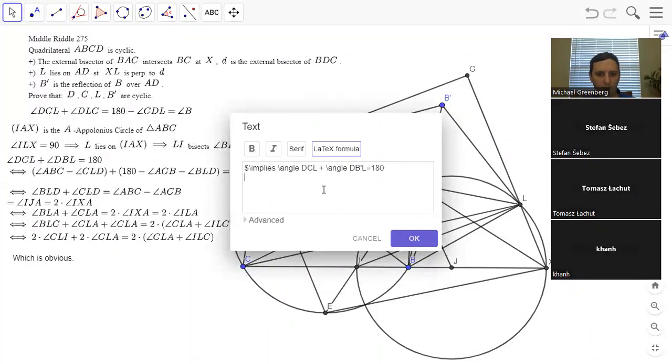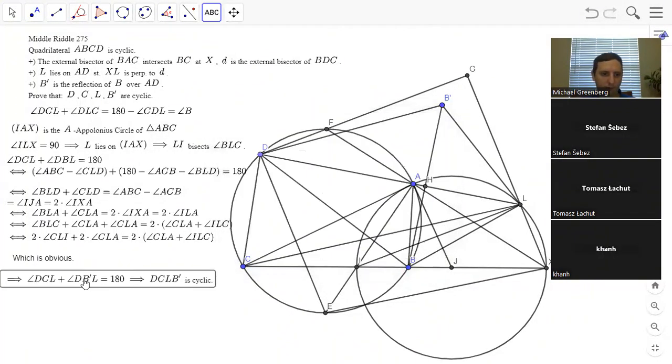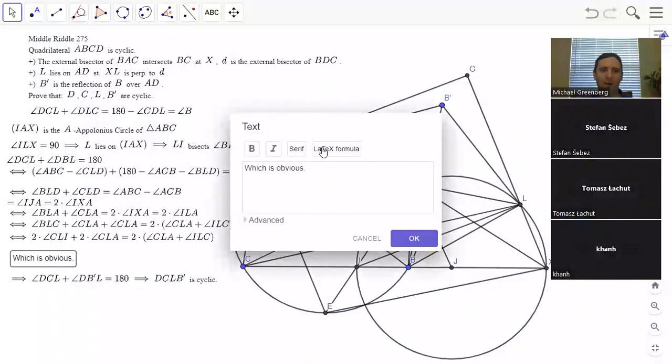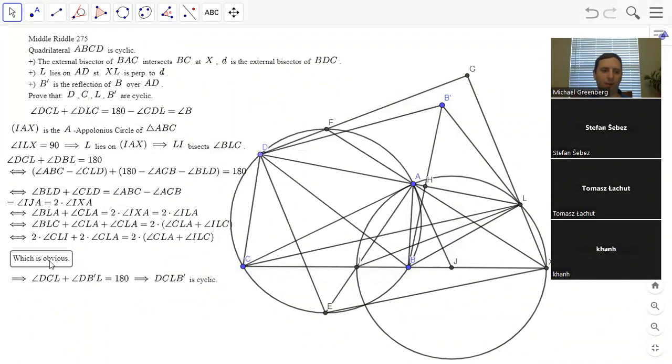And that means that BCLB prime is cyclic. All right. Nice. So that Apollonius circle was the key. After that, it was kind of a long angle chase, but once you see that Apollonius circle, that's really the key. Very cool. All right, so I will move on to the next one.